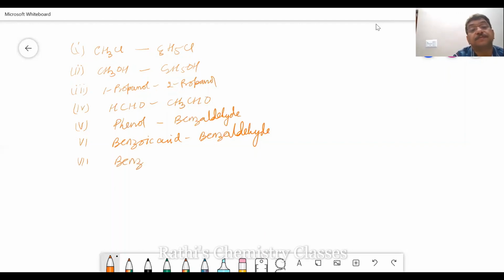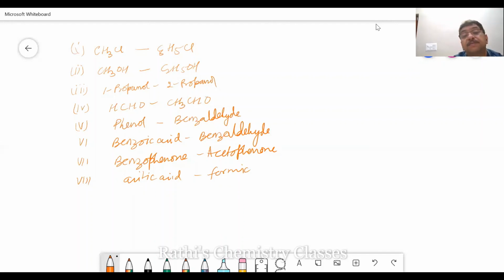Benzophenone and acetophenone. Next, acetic acid and formic acid. Next one, methylamine, dimethylamine.